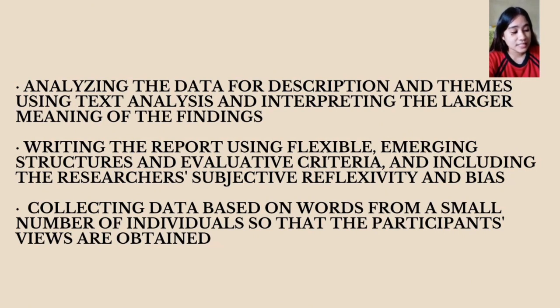Rather than using statistics, you analyze words or pictures to describe the central phenomenon under study. The result may be a description of individual people or places. In some qualitative studies, the entire report is mostly a long description of several individuals. So the result may also include themes or broad categories that represent your findings.